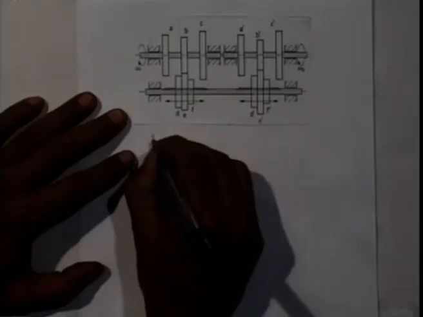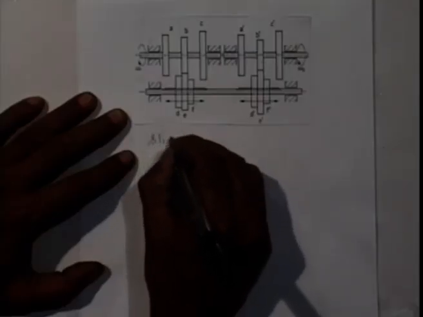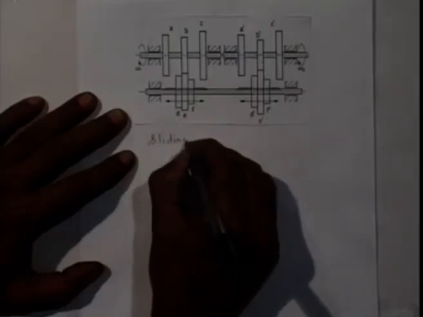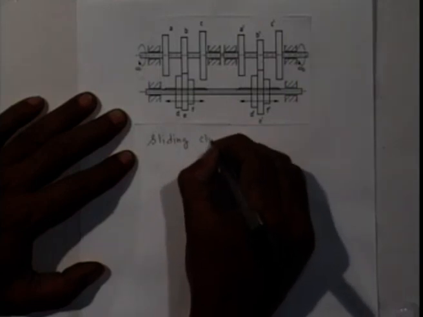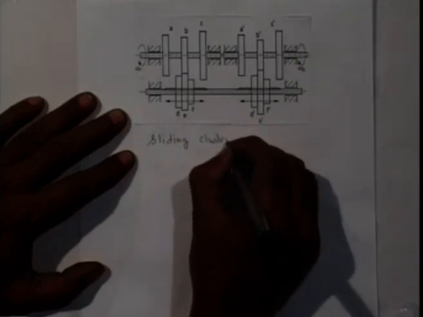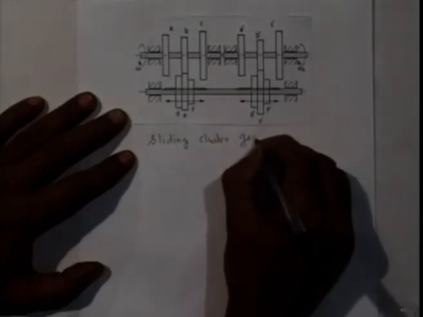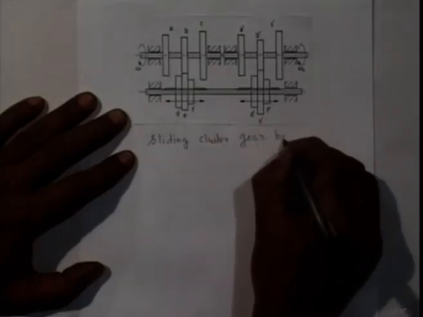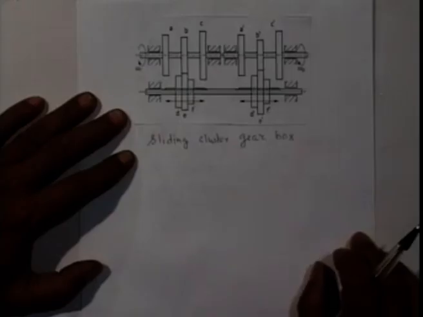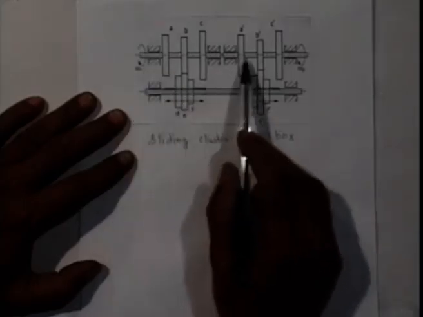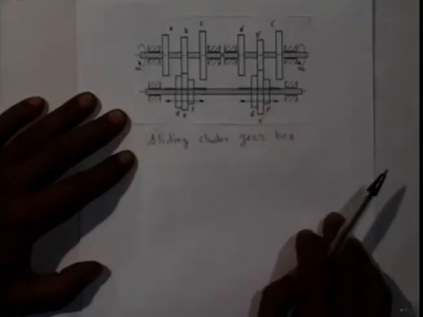This is what is called a sliding clusters gearbox, which is used in machine tools. This is a 9-speed gearbox. From the same input speed, I can get 9 different output speeds.